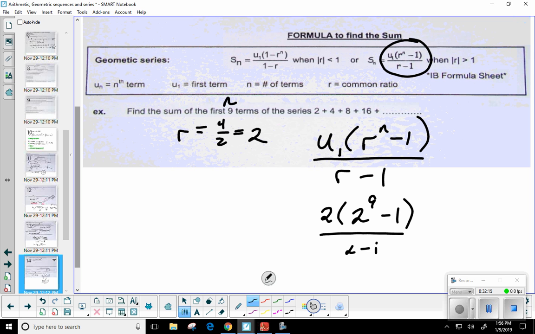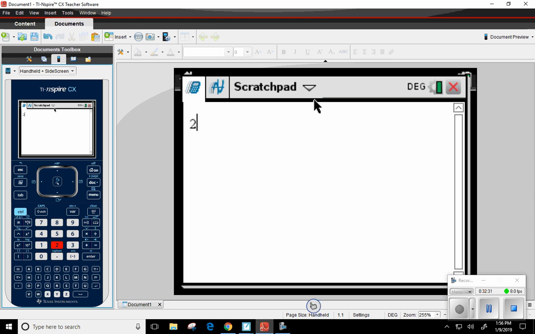That's just 1, and what's anything divided by 1? Itself. So I don't even have to put that in as a fraction. I would just plug in that expression: 2 times 2 to the 9th minus 1. So 2, parentheses, 2 to the power of 9. Of course we could put divide by 1, but not necessary. So what should I end up with?